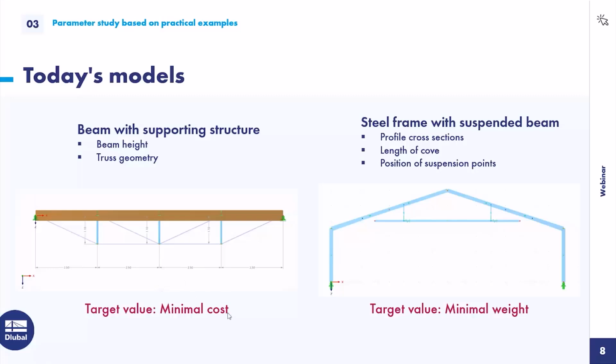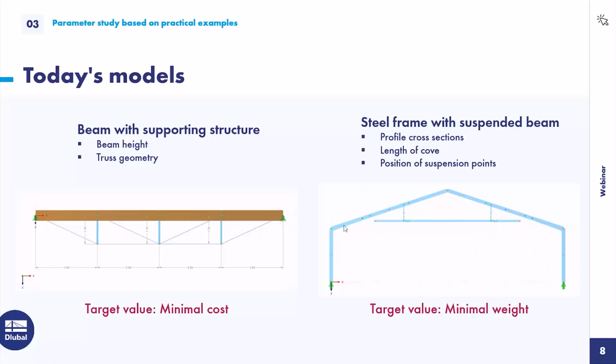For this model, we will try to find the minimal cost of this construction element. On the right side, we have a steel frame with a suspended beam. This model is very good to show the new advantages of our new algorithm, ant colony, because the ant colony is quite strong at finding profile cross-sections. I will show you later on in some theory why this is the case.